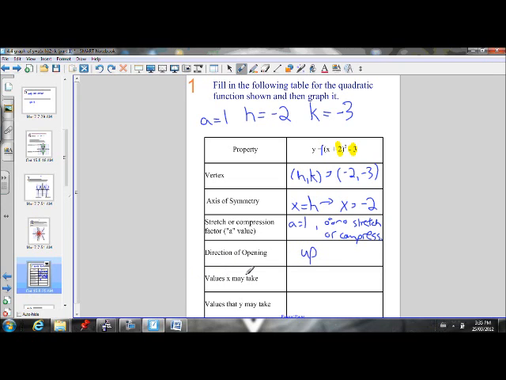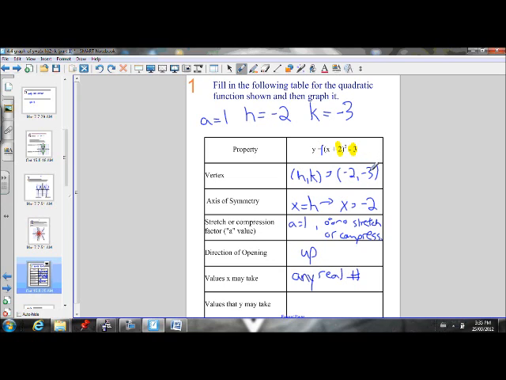Values x may take. x can always take any real number for the parabolas we're going to work with in this unit. Values y may take. The parabola opens up, so we know it has a minimum value, and our minimum value is y equals negative 3.